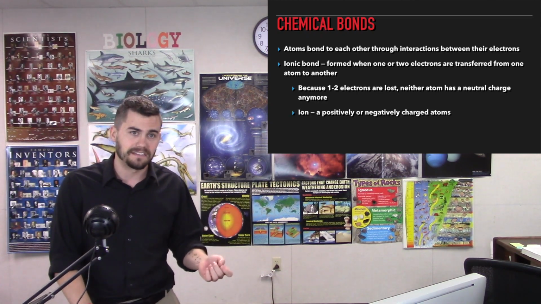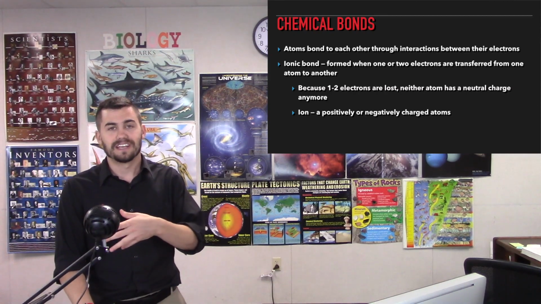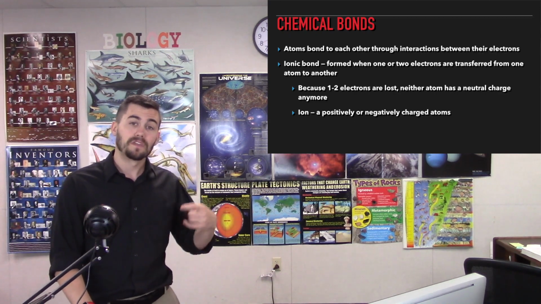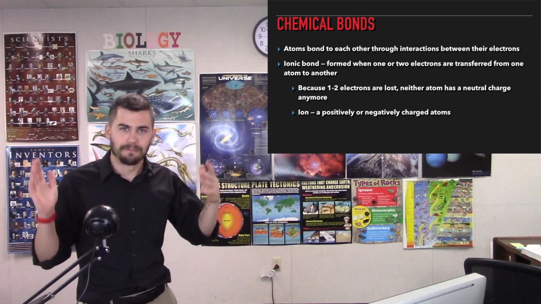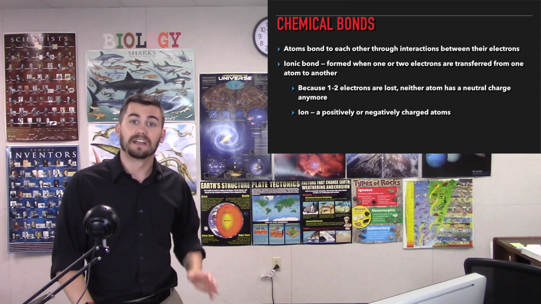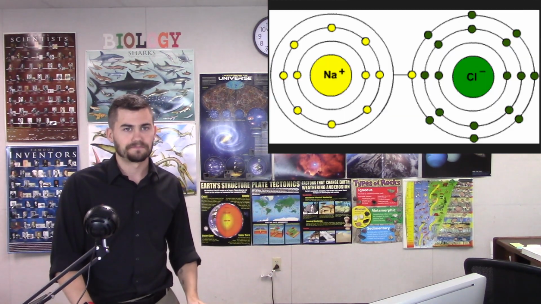So in any case, an ion is a positively or negatively charged atom. Technically, we have cations and anions. Do not worry about that, but those are the special names for the positive and negative versions of them. Kind of like cathode and anode on a battery, the positive and negative end.